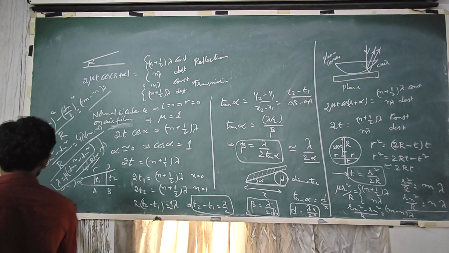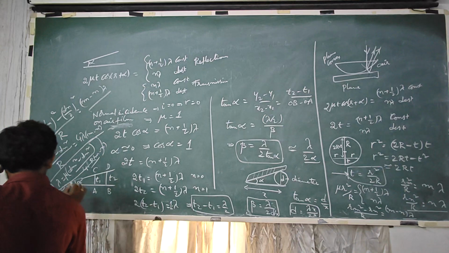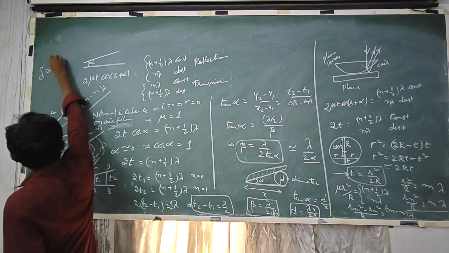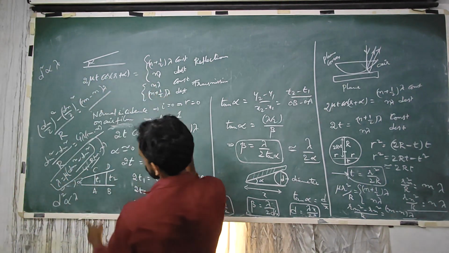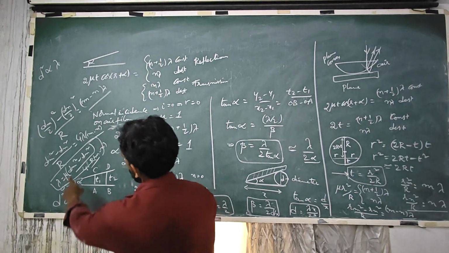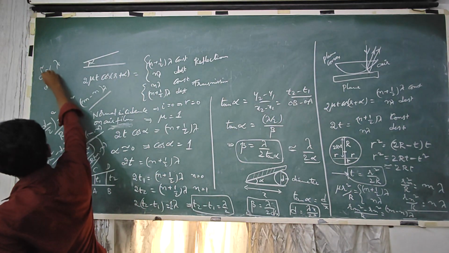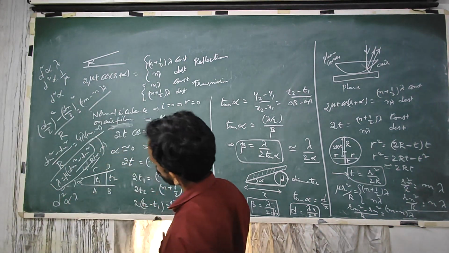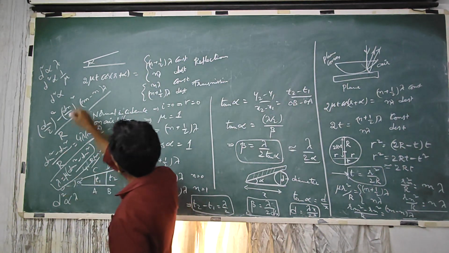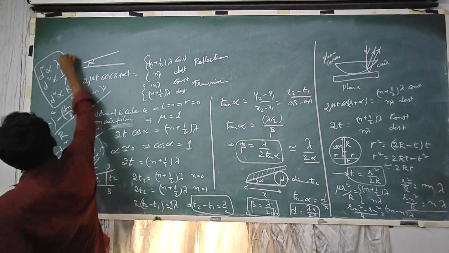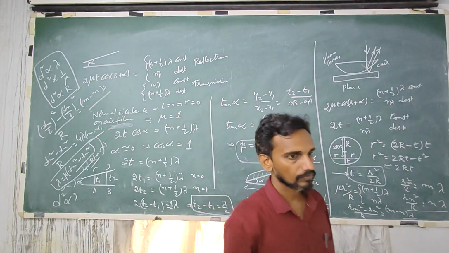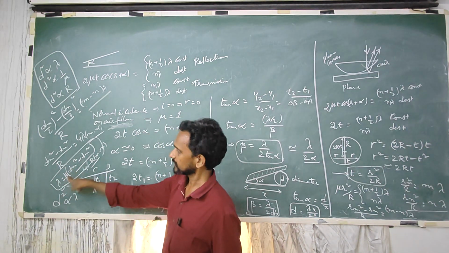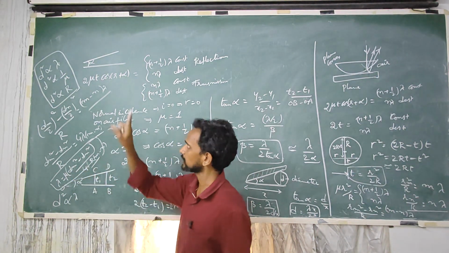So this diameter of the ring, d square is proportional to what? Lambda. So d square is proportional to lambda, diameter is inversely proportional to refractive index, d square is proportional to r.